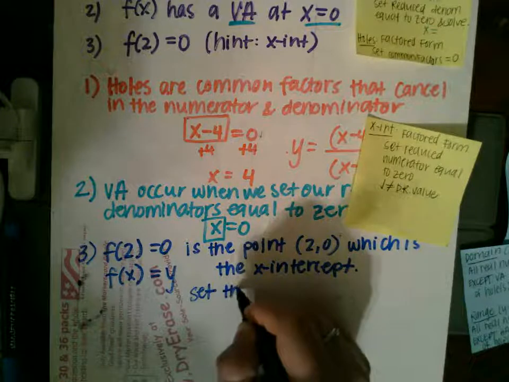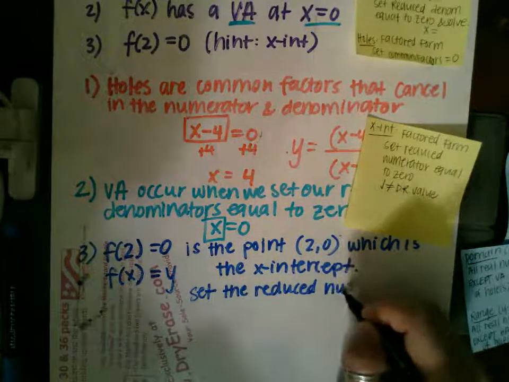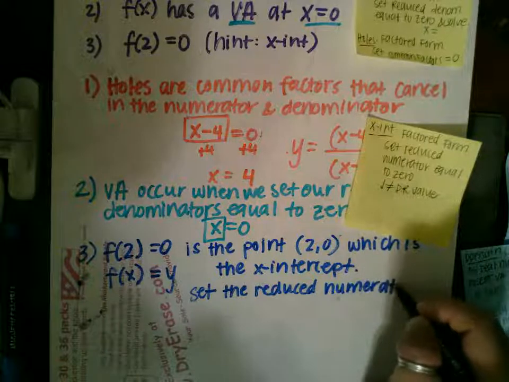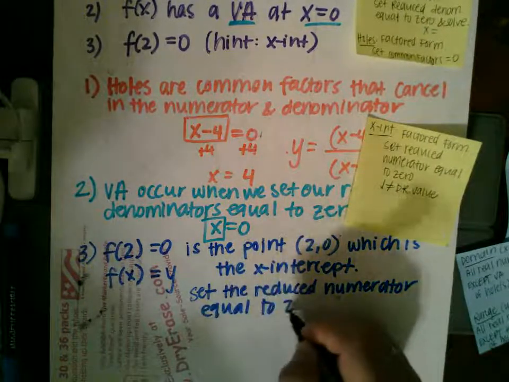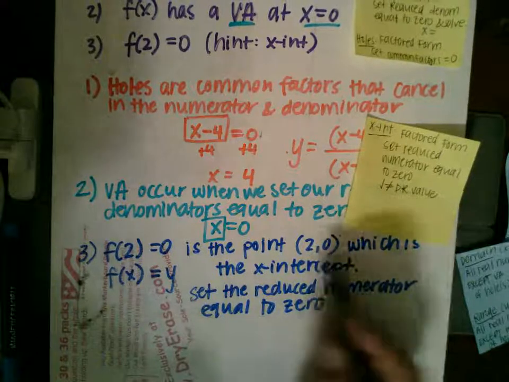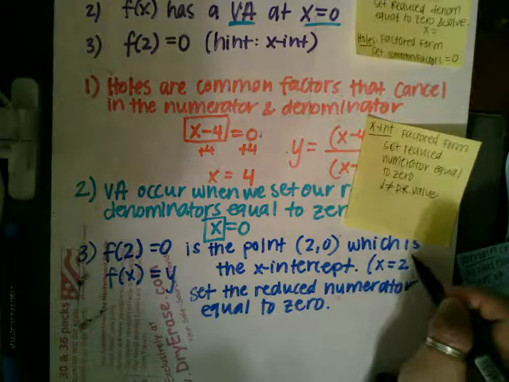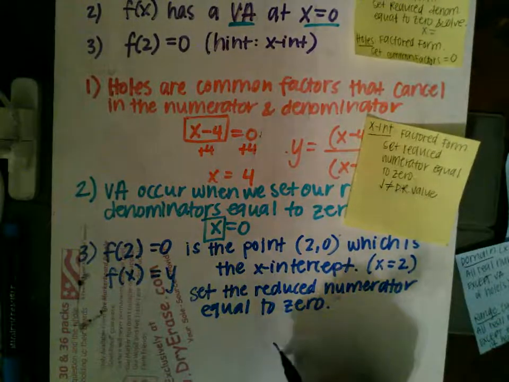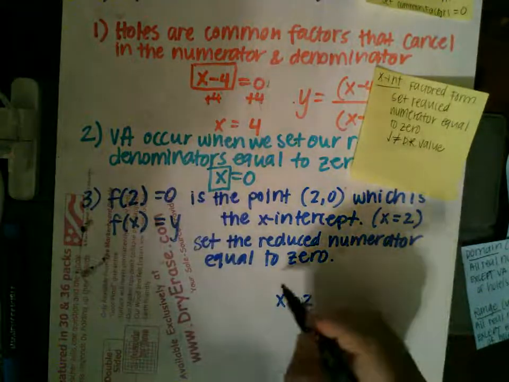So this tells us, if we solved our x-intercept, that x is equal to 2, and I'm working backwards.